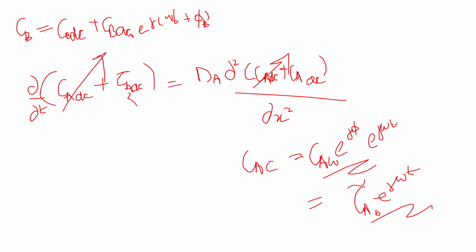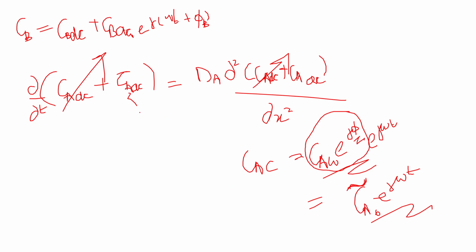Here you have not considered e raised to j phi; you have directly taken the entire e raised to j omega thing and written it as CA naught with a hash on top. Yes, you have considered this as a constant. See, basically it's varying with time and position, but phi is just a phase. It doesn't depend upon the time or the position. So I'm just clubbing it as a constant. Okay.